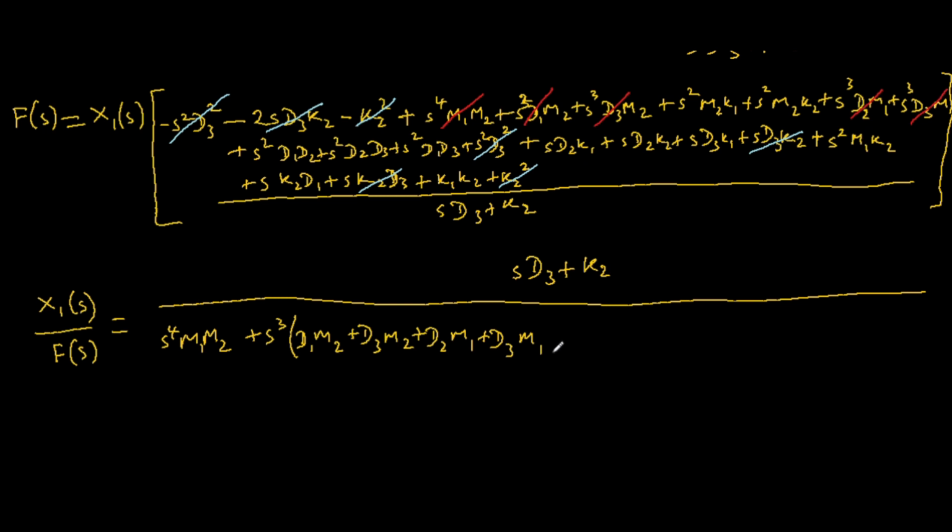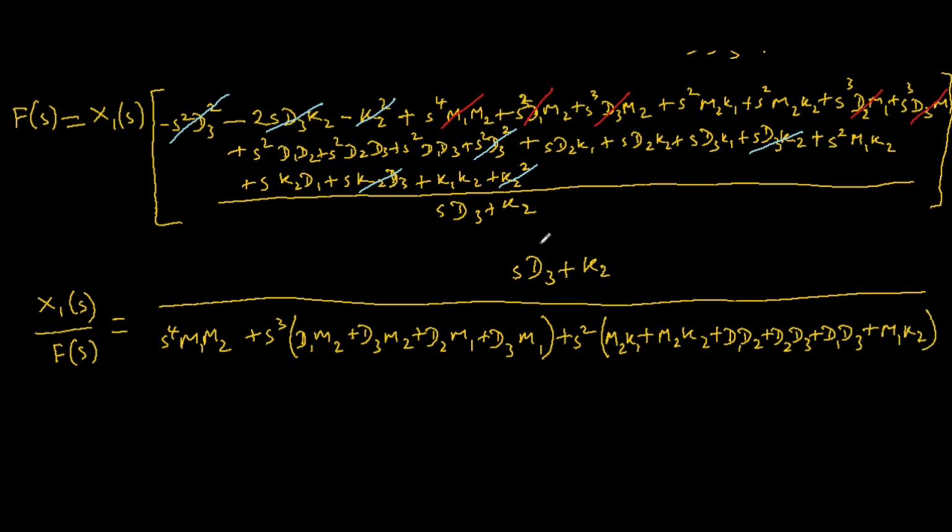Okay, let's pick the s squared terms, plus s squared into, first term to deal with is this one here, m2 k1, plus m2 k2, plus d1 d2, plus d2 d3, plus d1 d3, plus m1 k2, and I think that's the last one.